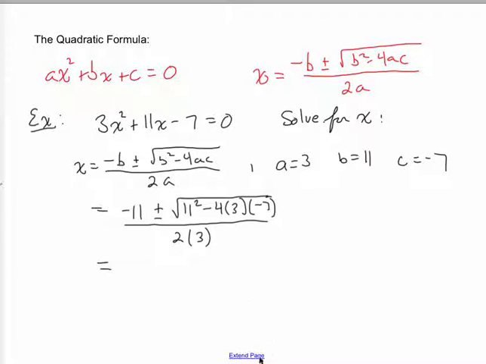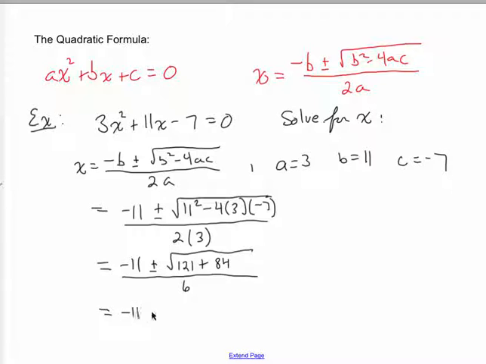So this becomes -11 plus or minus the square root of 121, negative times a negative is a positive, 4 times 3 is 12, 12 times 7 is 84, all divided by 6.